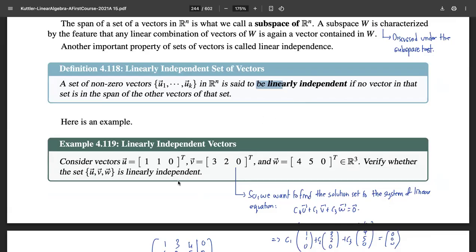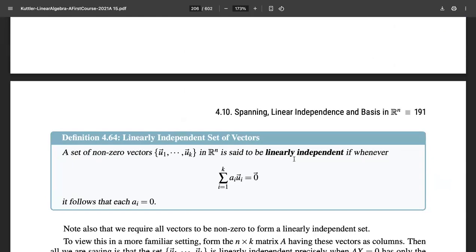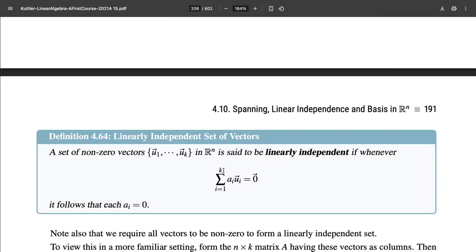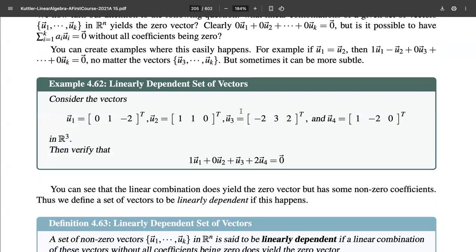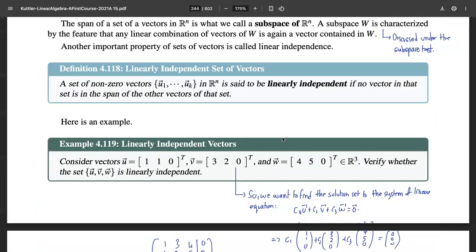We want to show that this set is linearly independent. That means we want to show by definition, right? We want to show that if we have this system of linear equations, each ai is 0. If you're not sure why this is a system of linear equations, we discussed this under this topic, so you can go check out that video.